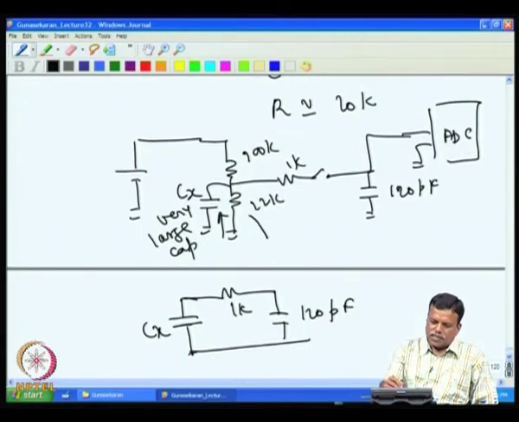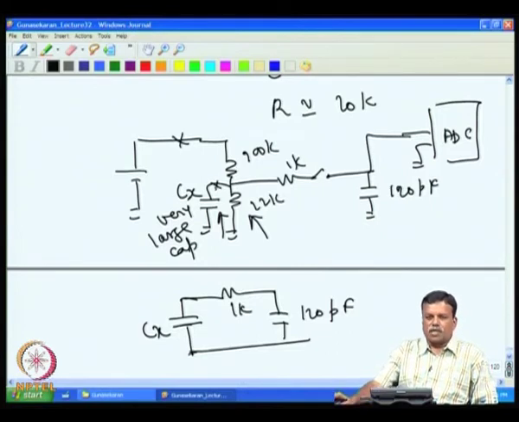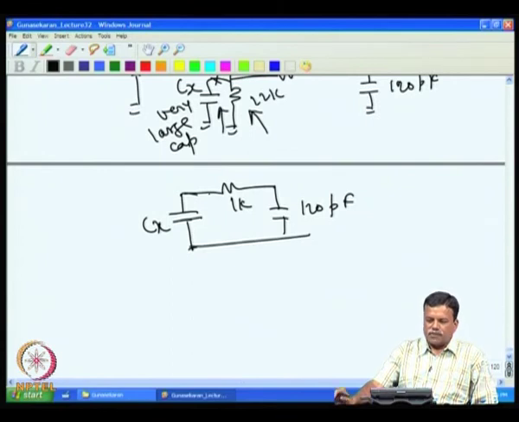But the problem with this is that if the battery voltage changes quickly, then this voltage will not change quickly, and then controlling would become very difficult.